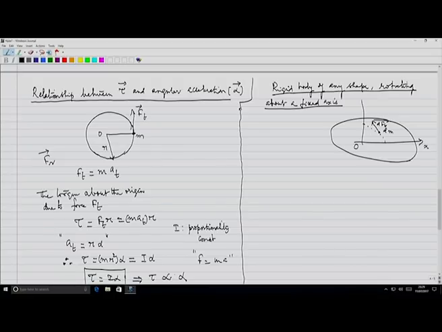Okay, a typical mass element is dm, this is r. I am writing only the magnitudes. dFt is equal to dm times the tangential acceleration.